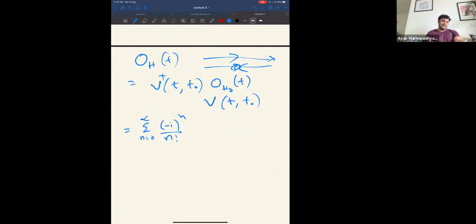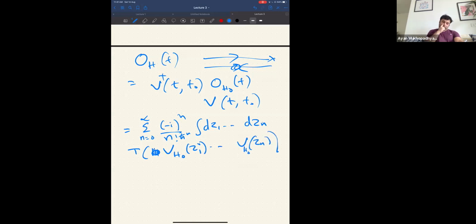So this V dagger(t, t naught) would be some minus i by h bar to the power n, integral d tau 1 through d tau n, and time ordered of V_H0(tau 1) through V_H0(tau n).